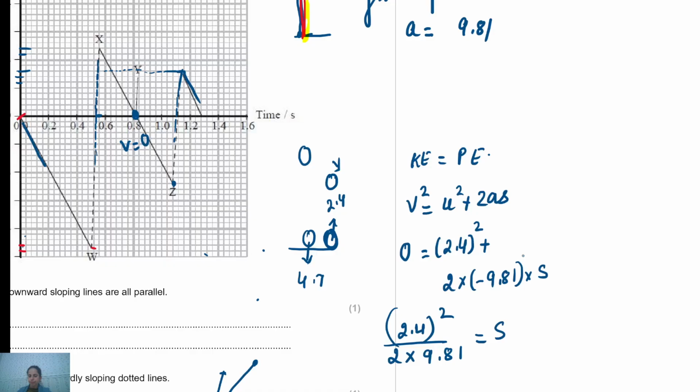Okay, this becomes 2.4 times 2.4 divided by 2 and then 9.81. So my answer is approximately 0.29. So the height is 0.29 meters. So it goes up to a height of 0.29 meters.